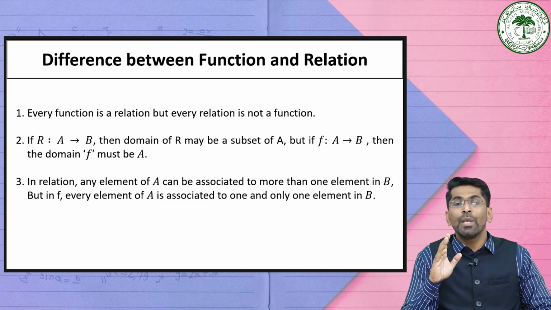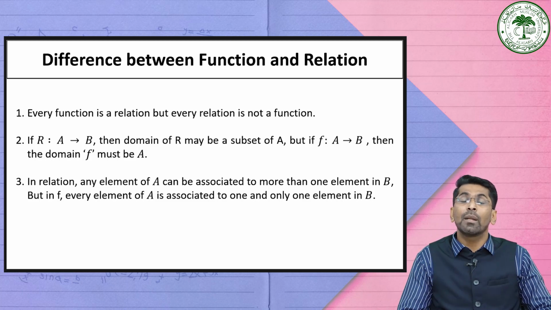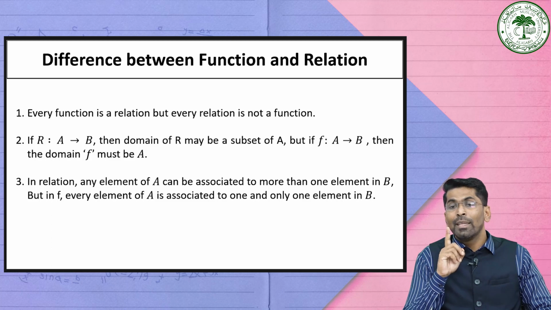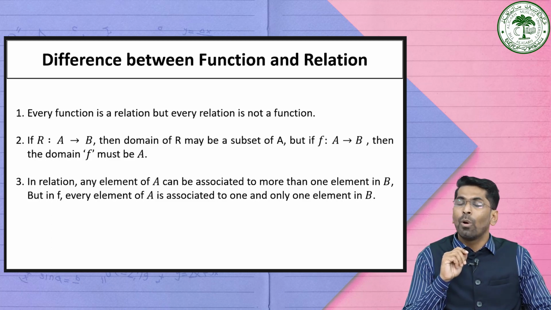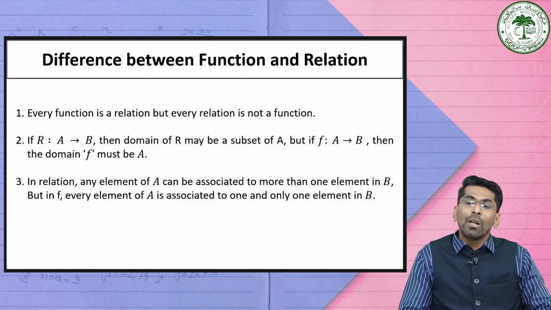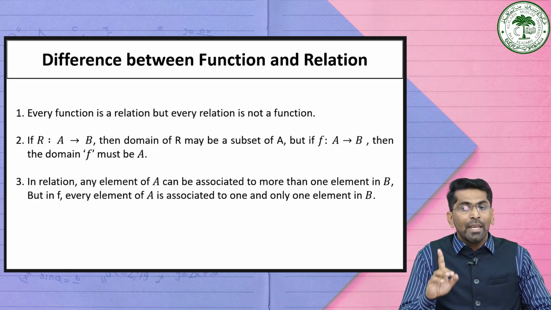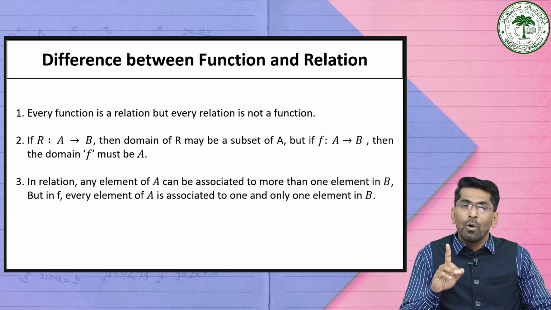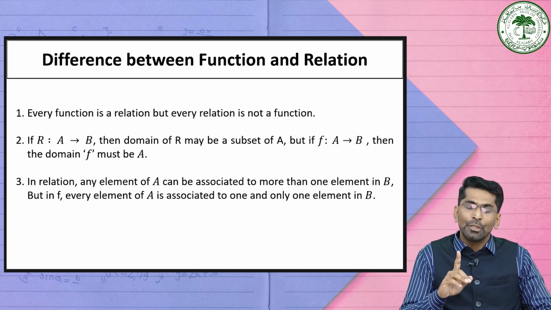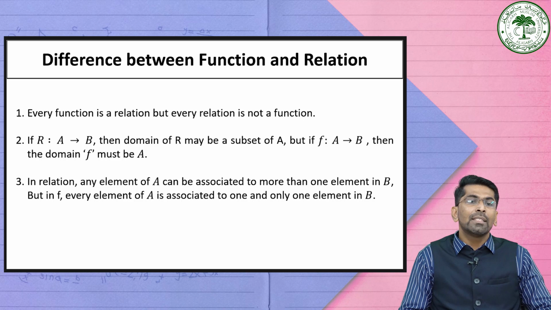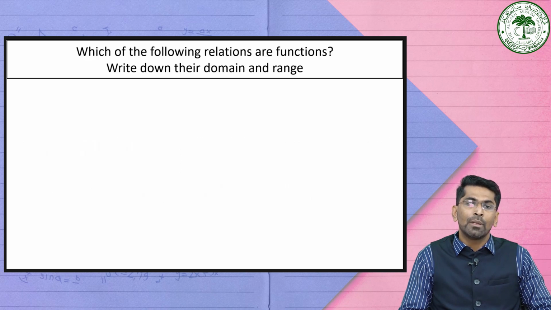The repetition of input is allowed. There is no problem. But in a function, as we already said, repetition is not allowed. Each element in the domain is associated with a unique element in the codomain. So there is no repetition of input, and each input has a unique output in the case of a function. So these are the various differences between function and relation.